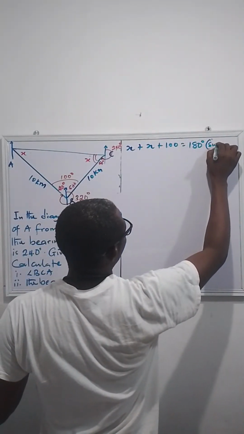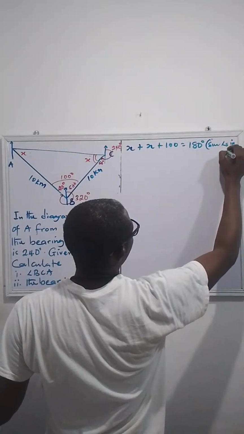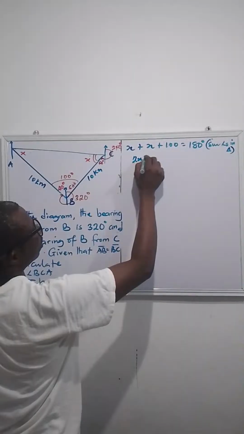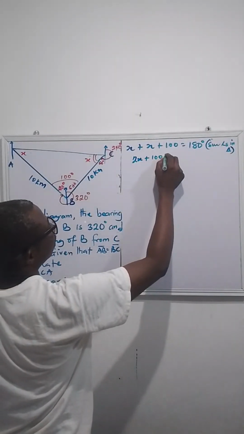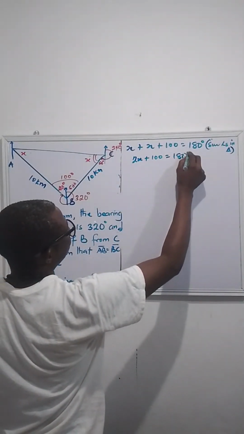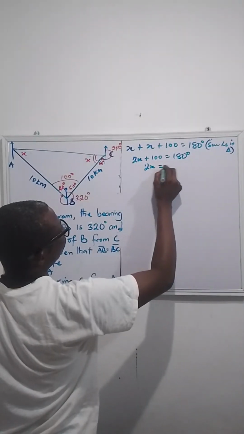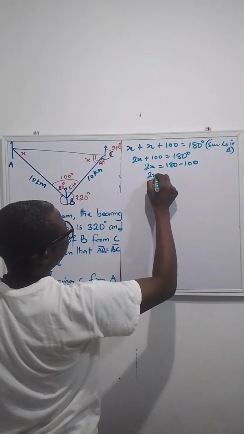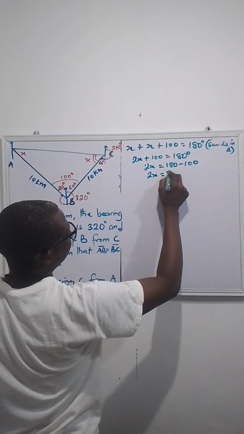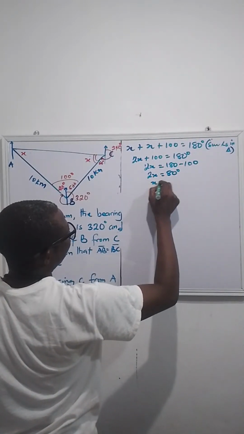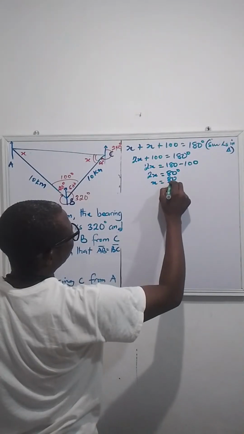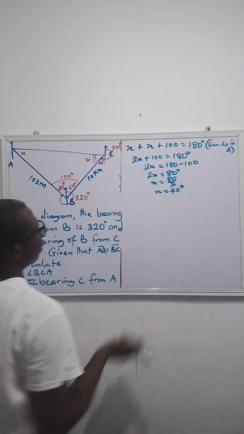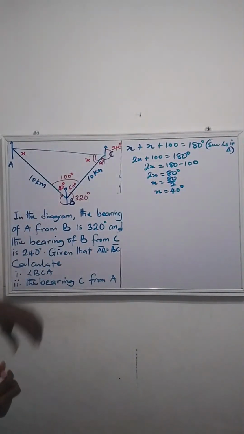So we have 2x plus 100 equals 180 degrees, so 2x equals 180 degrees minus 100, so 2x equals 80 degrees, and x equals 80 degrees over 2. So x is 40 degrees.